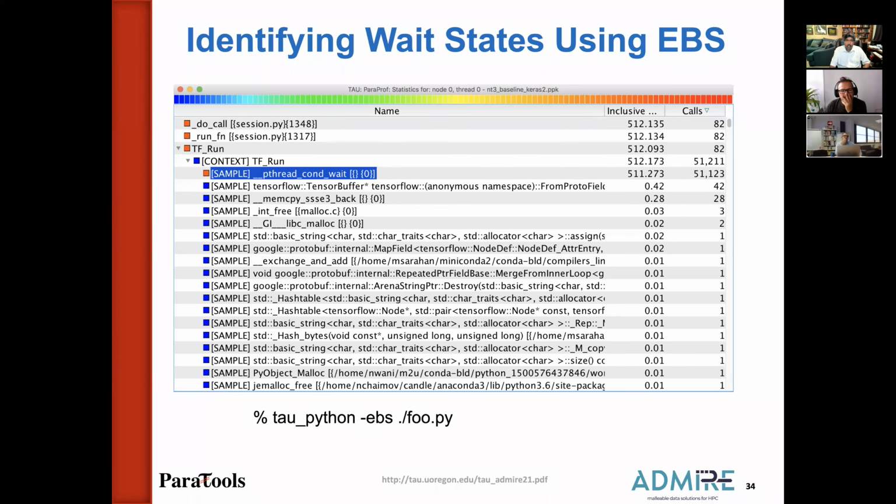And with event-based sampling, you can actually see what that particular task is doing inside MPI. For example, if you are looking at this TensorFlow execution with event-based sampling turned on, you can see functions like pthread condition wait and how much time they were taking waiting for data to arrive.